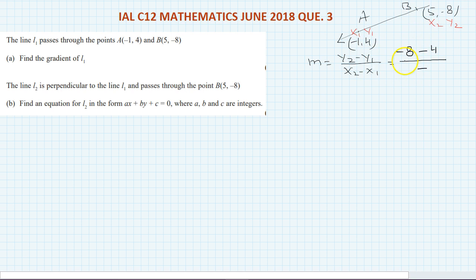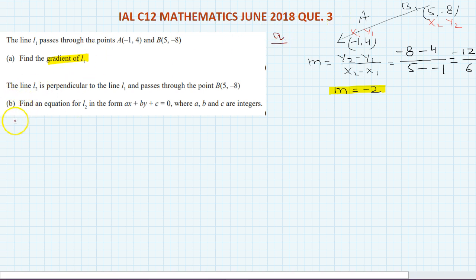So that is equal to -12 over 5 plus 1, 6. So m is equal to -2. That is the gradient of L1. This was question number 1.